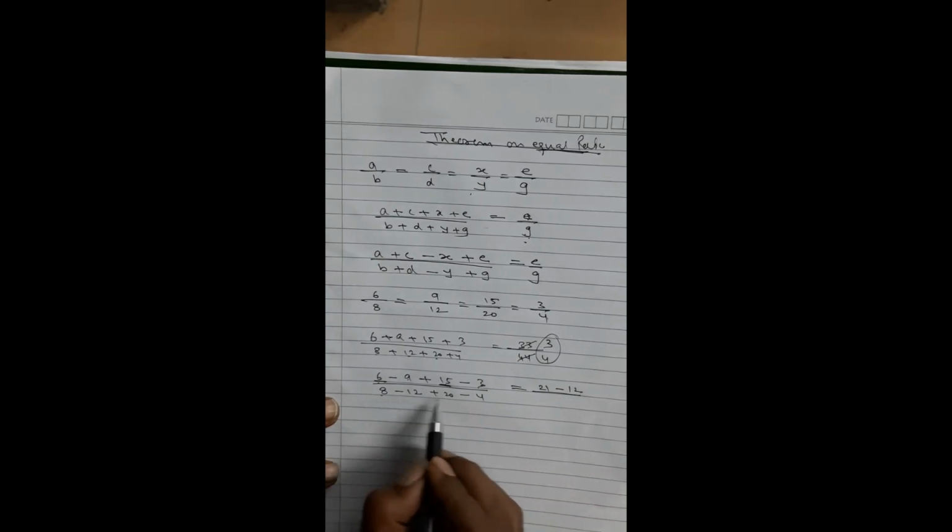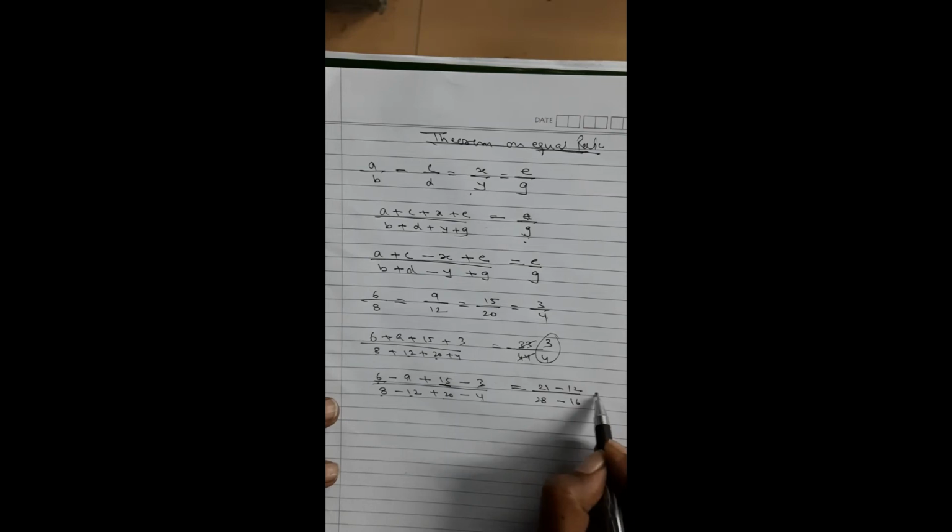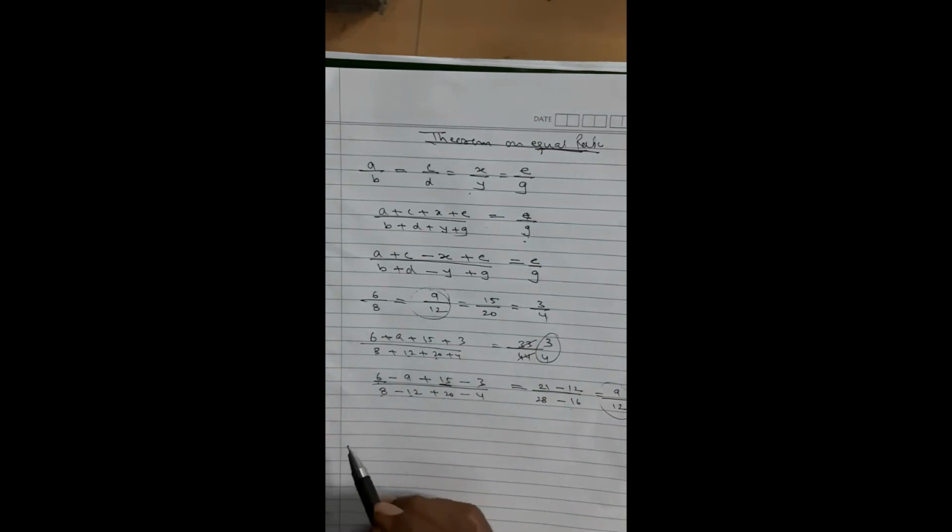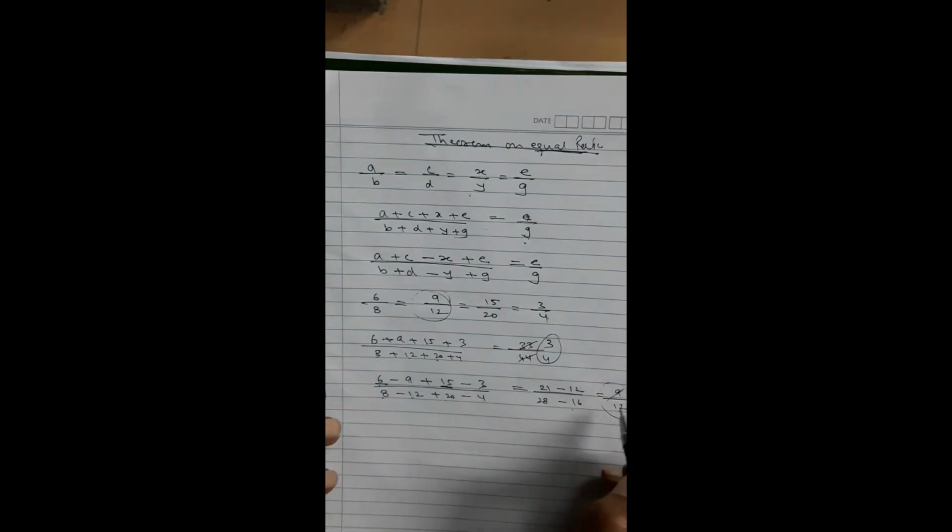Here I will get 28, minus 12, 16. So 9 upon 12 again, 3 3s are 9, 3 4s are 12, which is 3 upon 4.